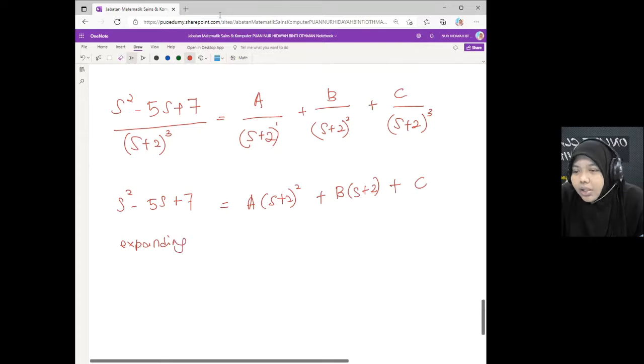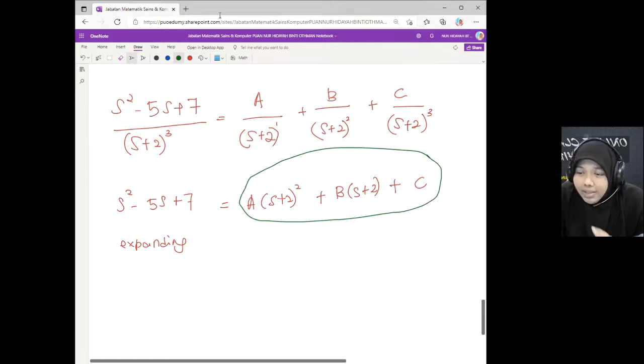Kita akan expand bahagian ini. Sebenarnya ada banyak cara partial fraction ni, tapi saya tunjukkan cara yang ini. Jadi saya harap semua orang boleh follow cara ini sebab ini adalah cara yang termudah lah. Bagi saya cara yang mudah untuk difahami dan kita perlu buat orang kata slow lah.